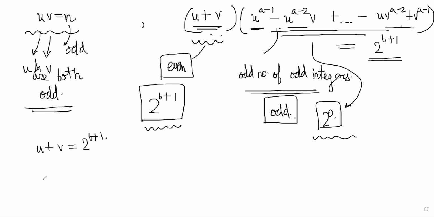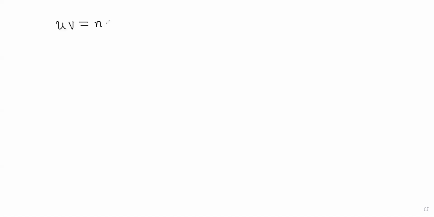And if you notice earlier, we had written this equation, u^a + v^a = 2^b + 1, right? That was the initial equation which we factorized. This implies clearly that a is 1, right? And now a is 1 we have already gotten. And we have this equation also, uv = n, right?